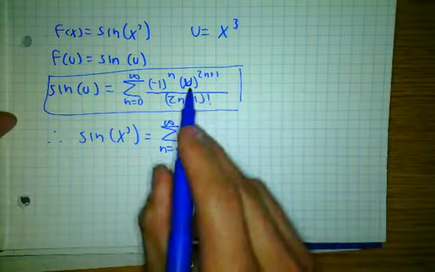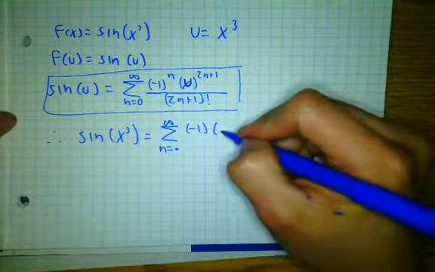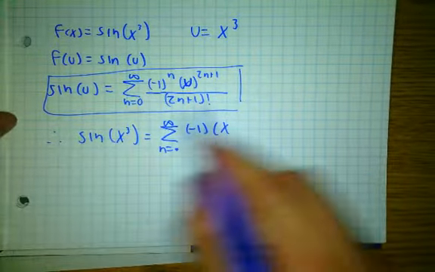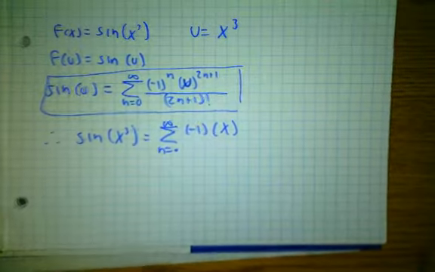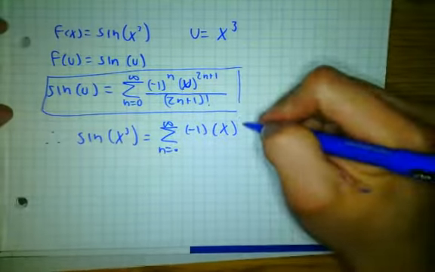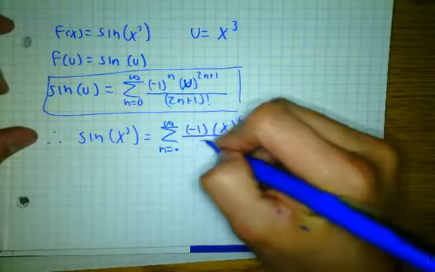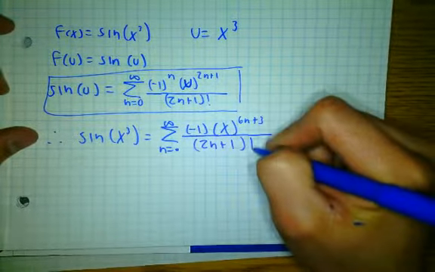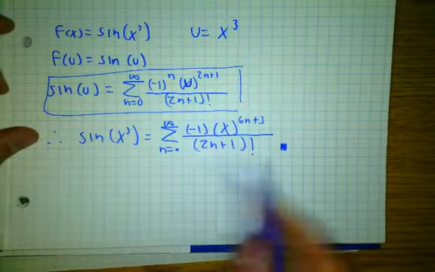So if I plug that into u, what happens when you have a power to a power? So what would be the result here? 6n plus 3 over. And that would be the series that represents sine x to the third power.